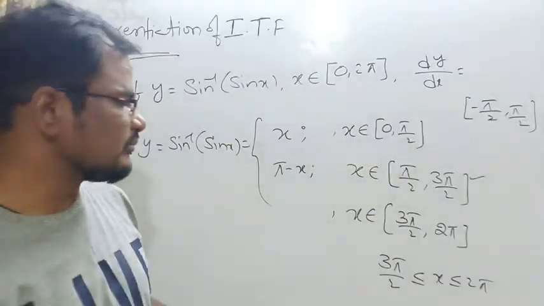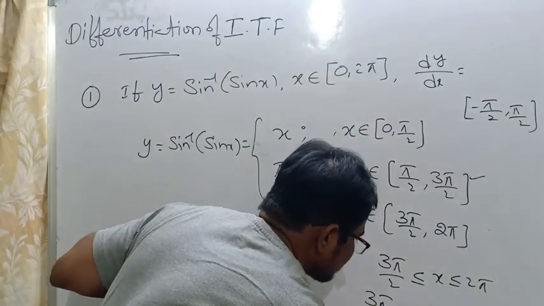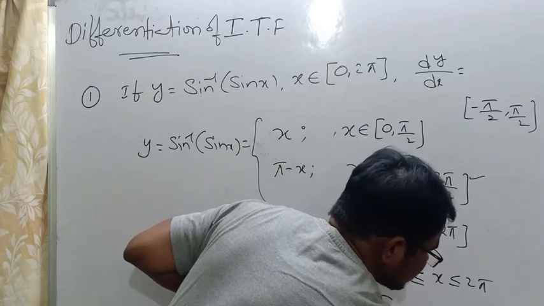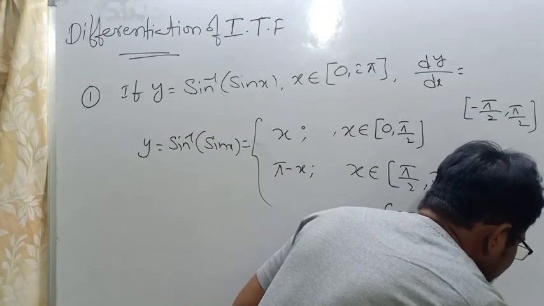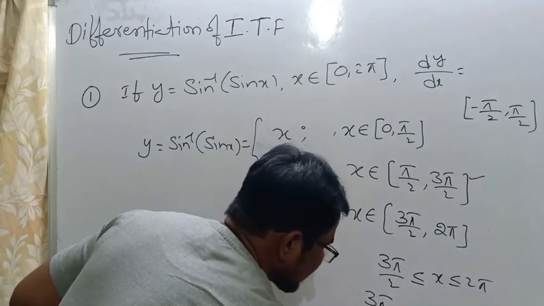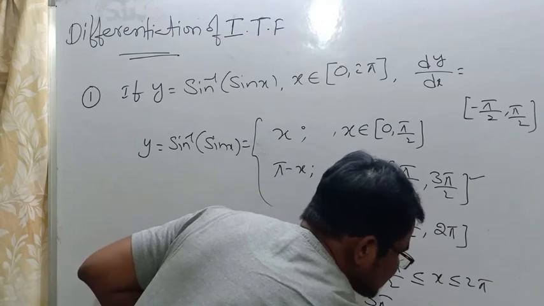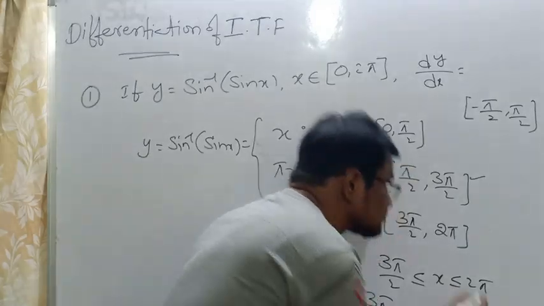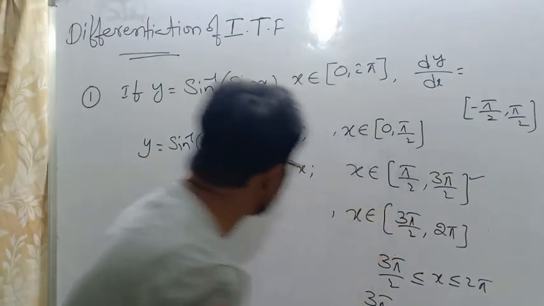I will subtract 2 pi: 3 pi by 2 minus 2 pi less than or equal to x minus 2 pi less than or equal to 2 pi minus 2 pi. So here minus pi by 2 less than or equal to x minus 2 pi less than or equal to 0. Now once you observe, this belongs to the range of sine inverse x.